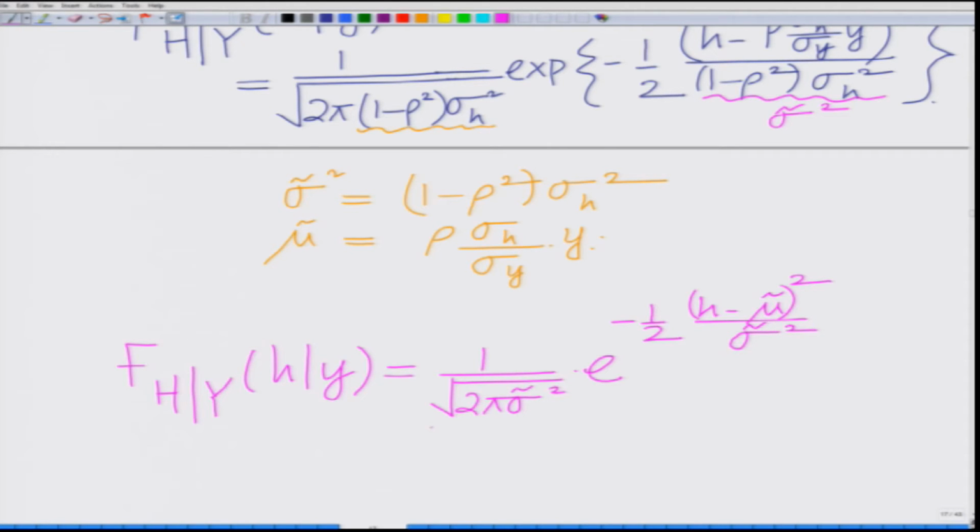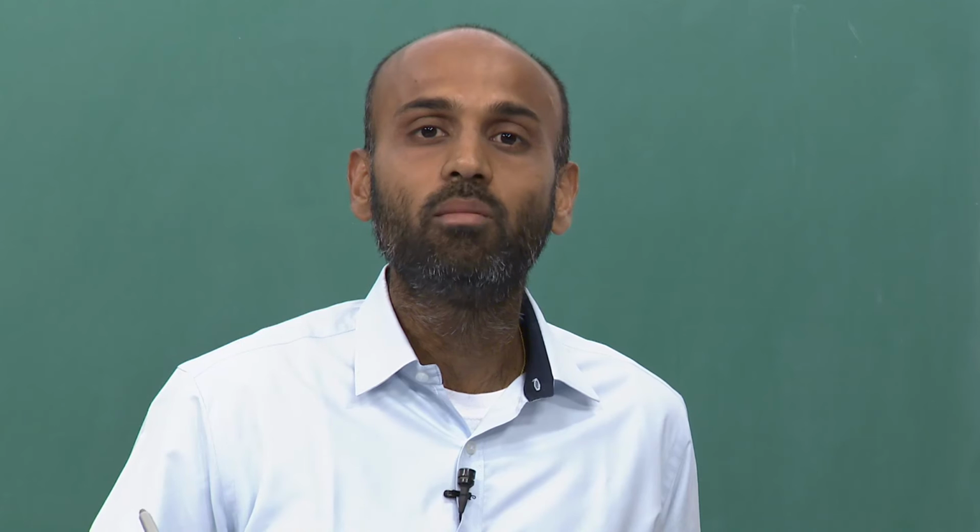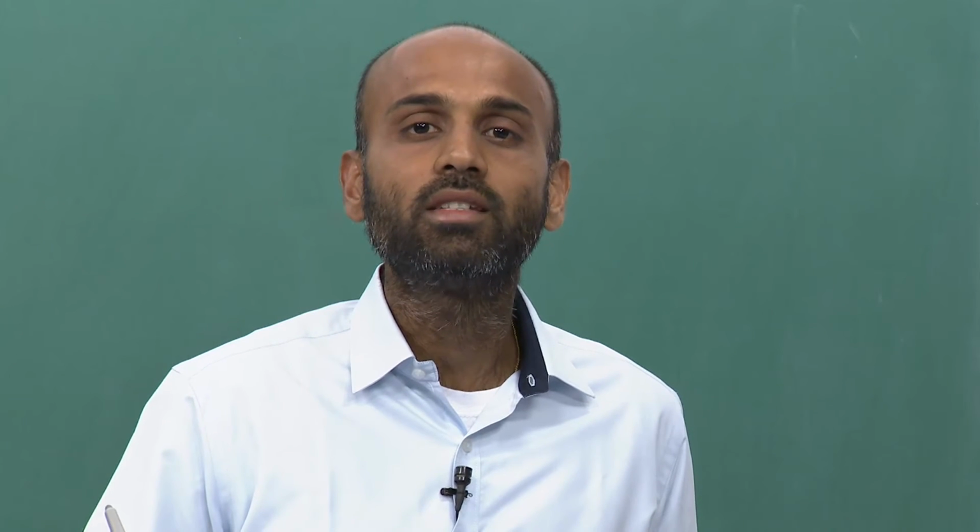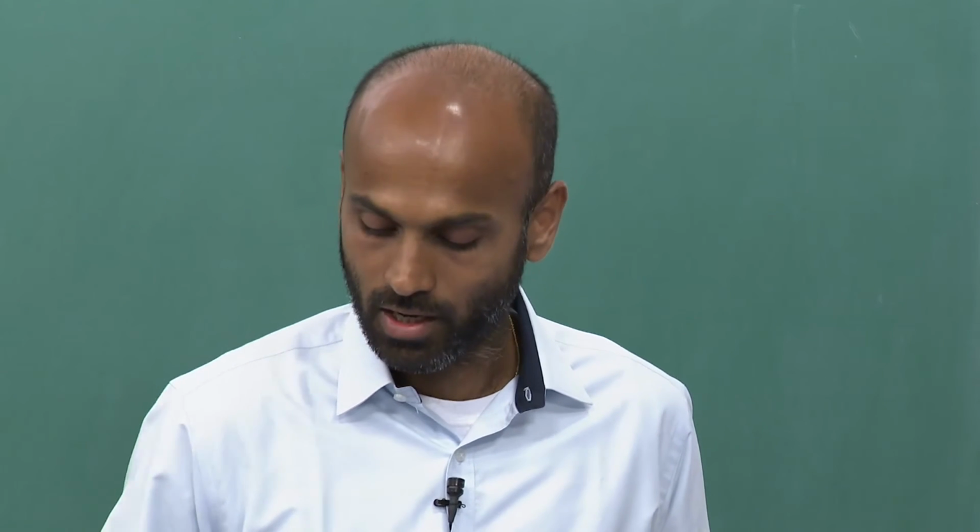And now, if you look at this, you will realize that this is a Gaussian distribution with mean mu tilde and variance sigma tilde squared, and that is the interesting aspect of this.